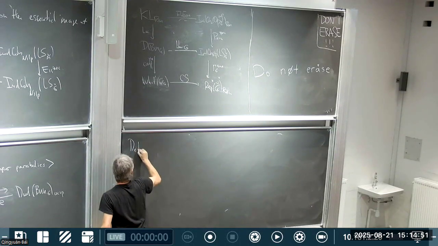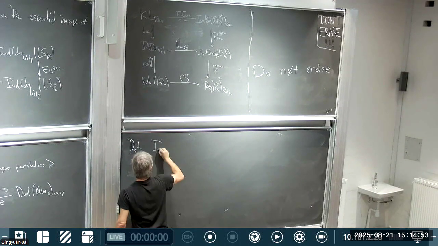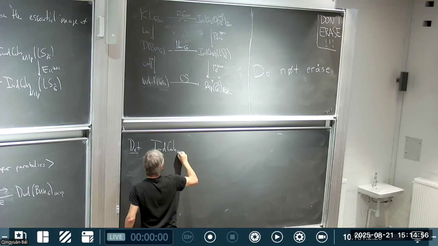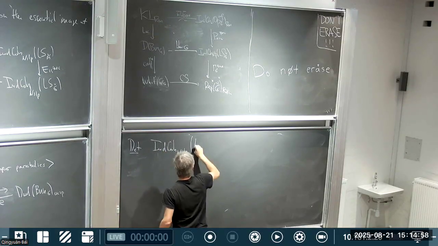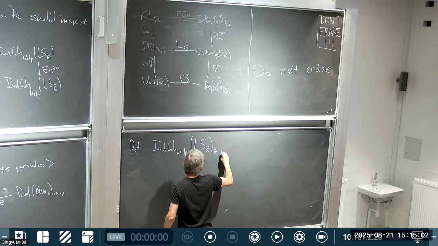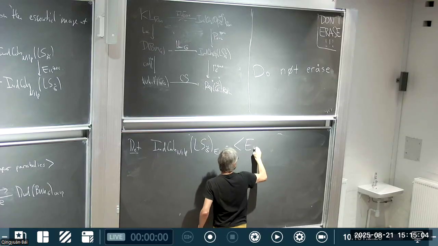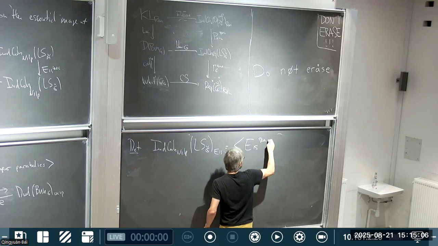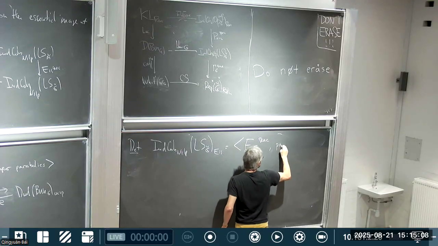Definition. Loc_Sys G check Eis is the subcategory generated by the essential images of the Eisenstein functors, the spectral Eisenstein functors for proper parabolics.